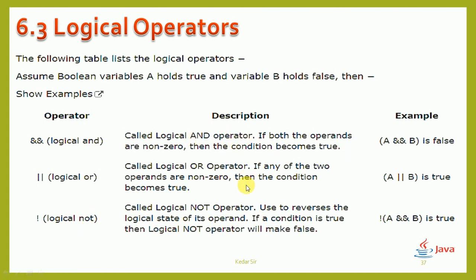These are the descriptions and this is the example. A and B is false, A or B is true, and logical not of A and B, exclamation sign in brackets, is true. So a variable holds a true or false value by using these operators.